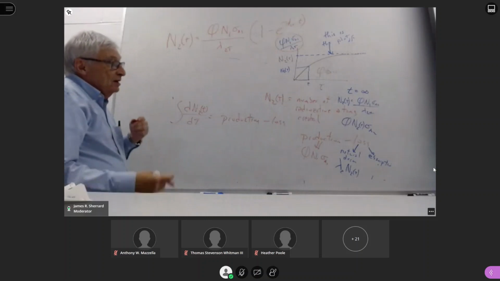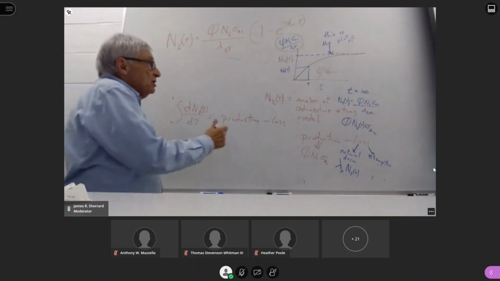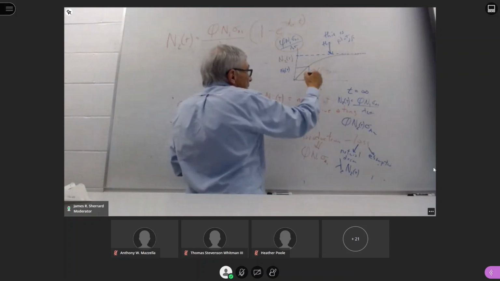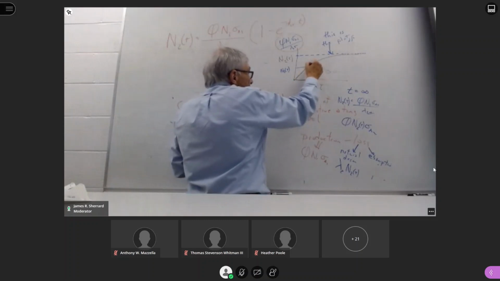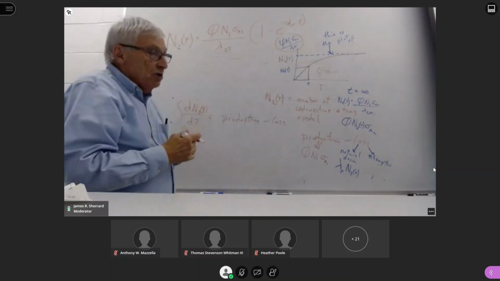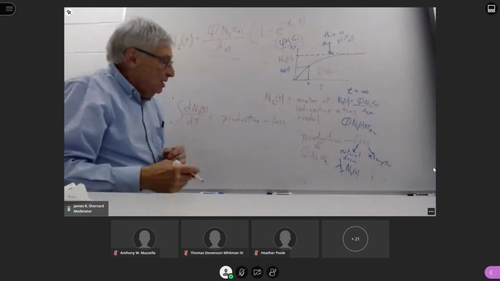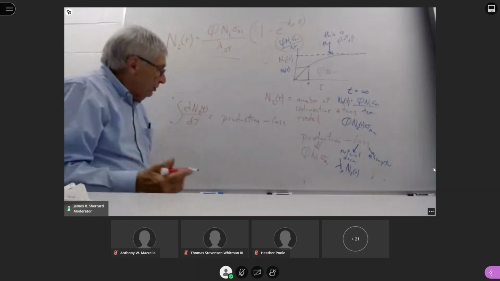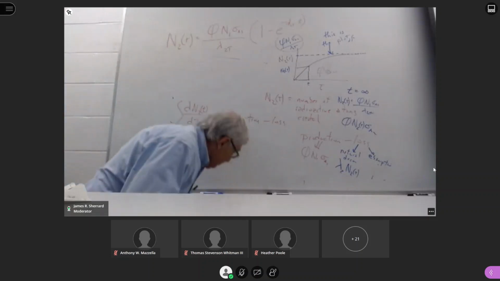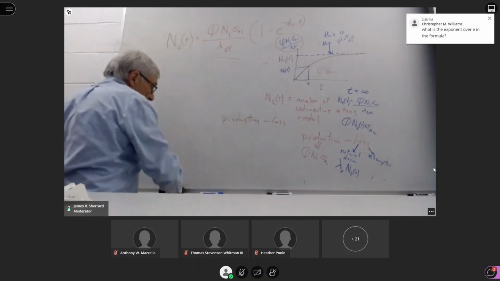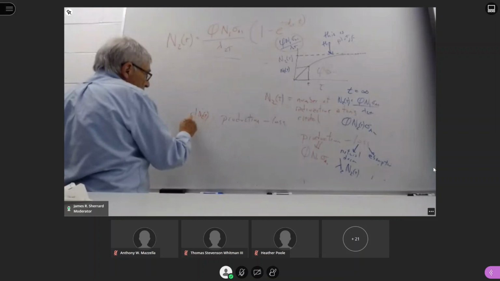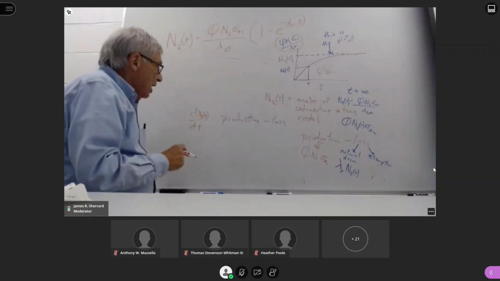Okay. So then the question I'd ask you is, if you're creating the desired product and you're at this point in time, and then all of a sudden your reactor fails, the flux goes to zero, what's going to happen? We can think about this if we go back to what is happening to our number twos as a function of time.